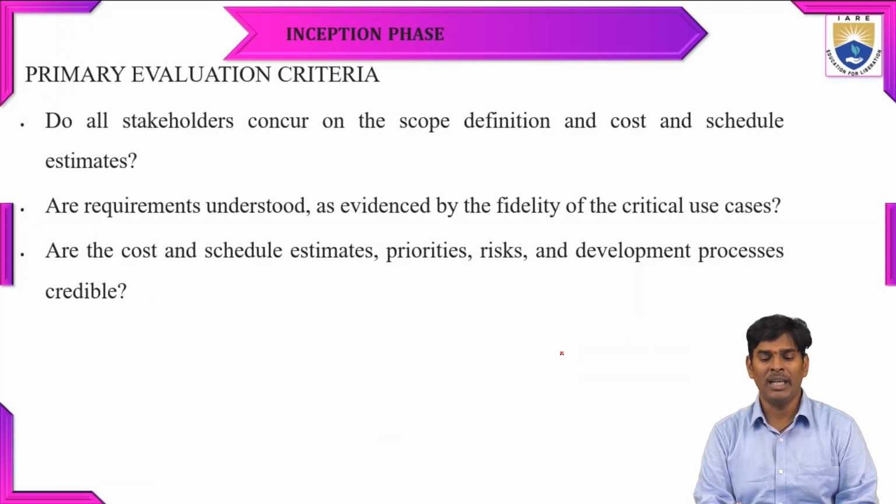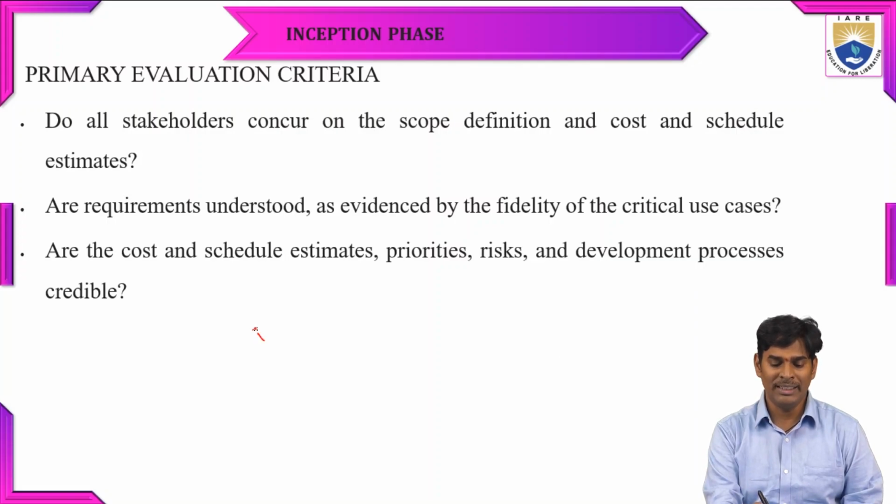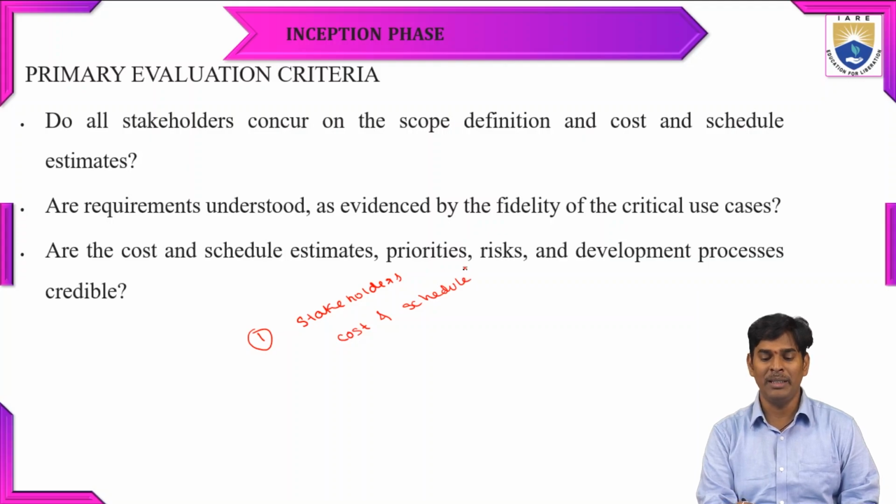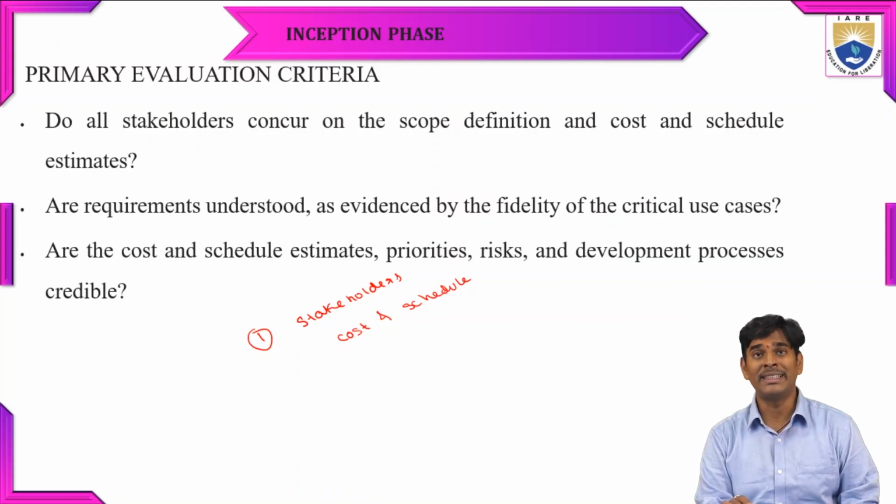So we have the primary evaluation criteria for the inception phase here. The first one is: do all stakeholders concur on the scope definition and cost and schedule estimates? In this stage, stakeholders sometimes cannot accept the cost and the schedule. So there should be a debate between the management and the stakeholders.